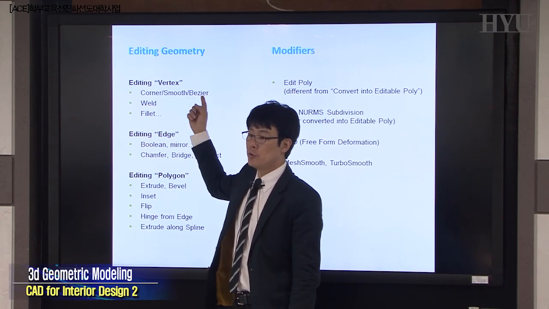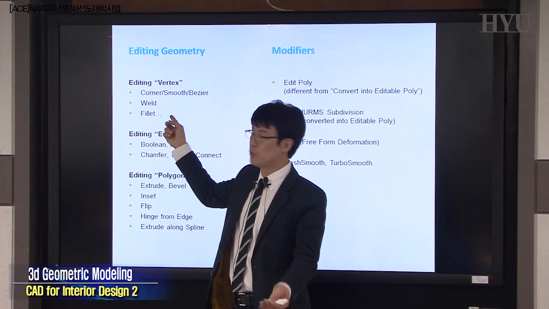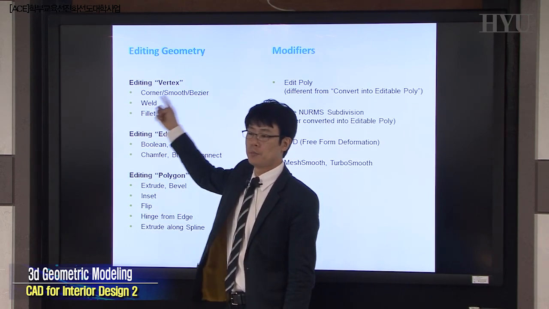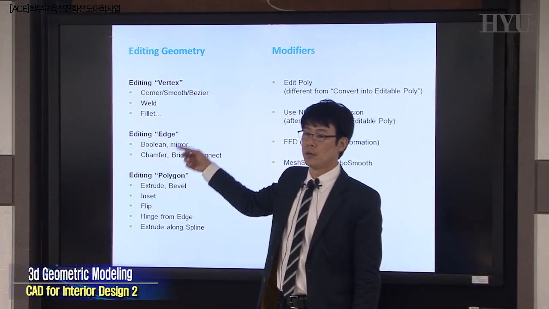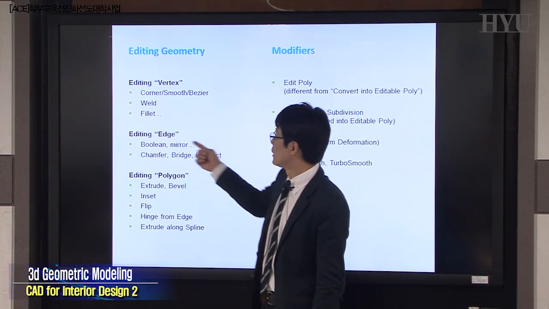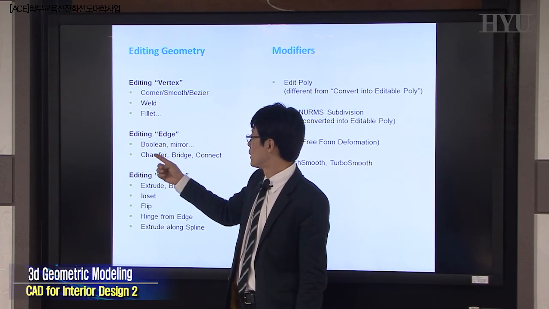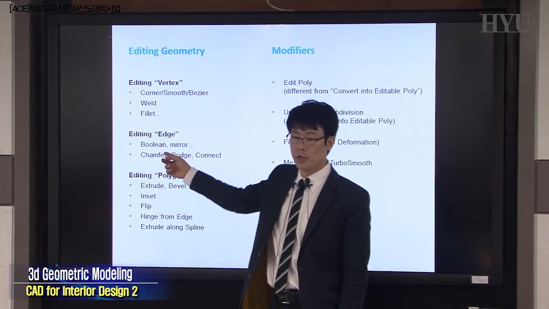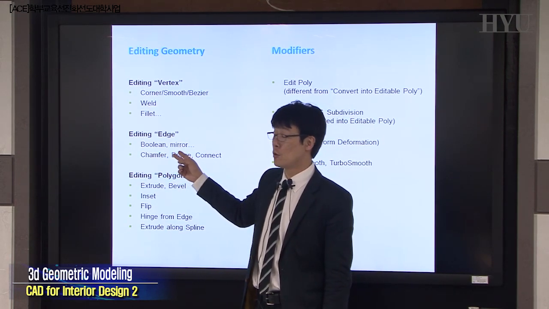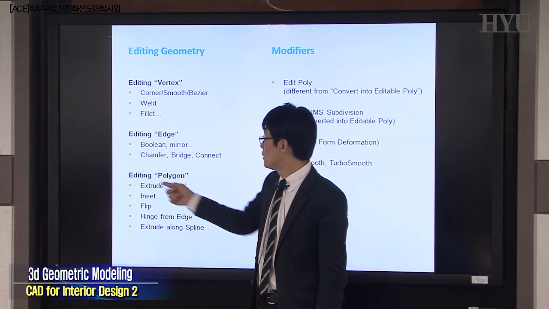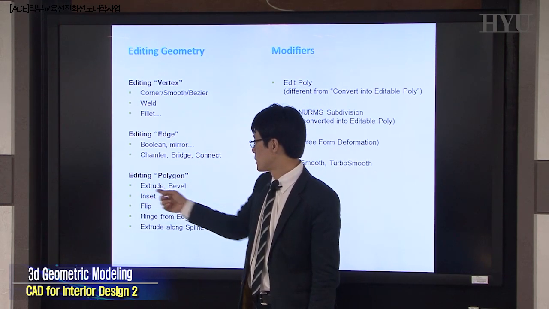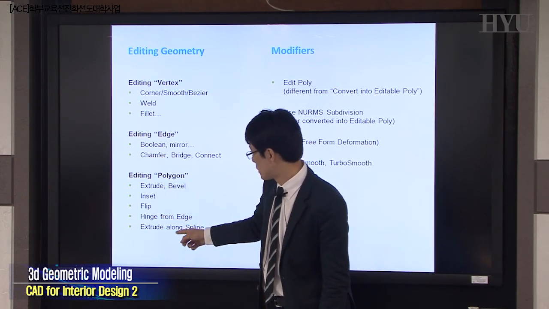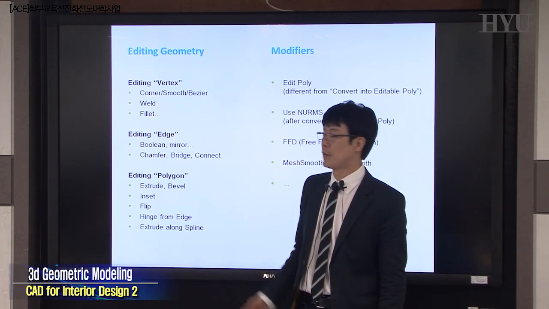They are some kind of new terms to you, but you will find those terms in edit poly mode today and probably in the future. In edge editing mode, there are different terms: chamfer, bridge, connect, mirror, boolean, but you should know what they are. In polygon mode, there is extrude, bevel, inset, flip, hinge from edge, extrude along spline, and so on.